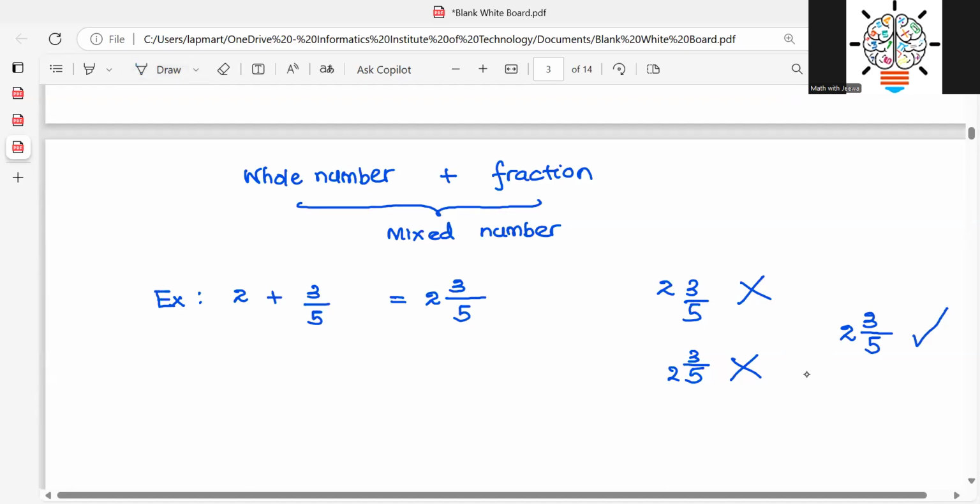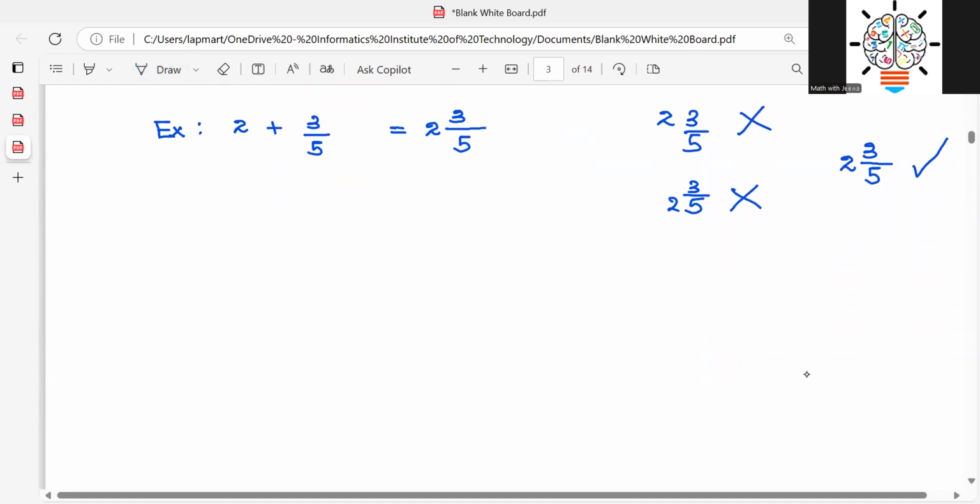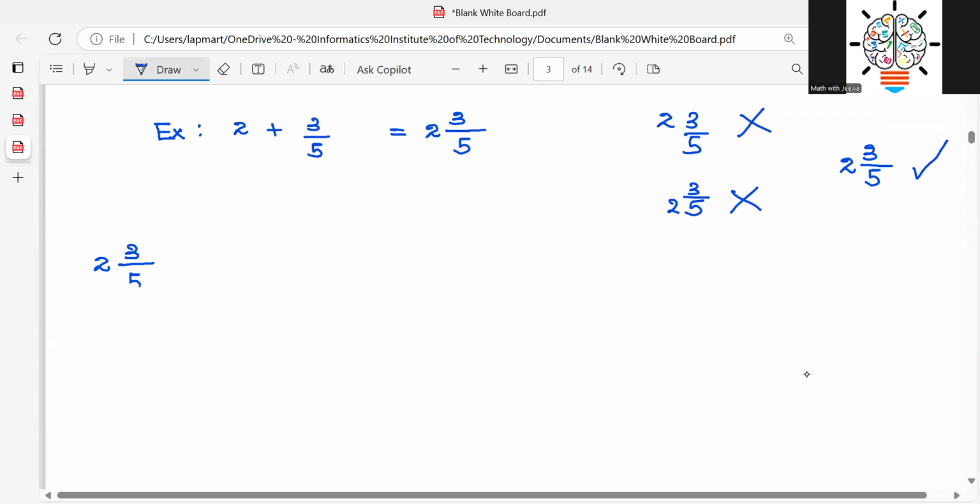So then we will discuss how we can convert this mixed number, let's say 2 and 3/5, into an improper fraction. You get 5 times 2 plus 3 over 5. 5 times 2 is 10. 10 plus 3 is 13/5.